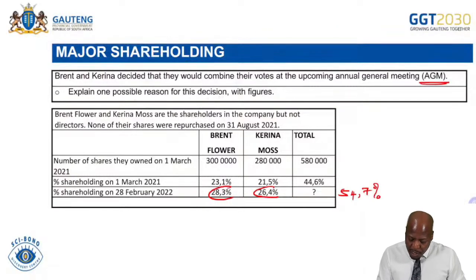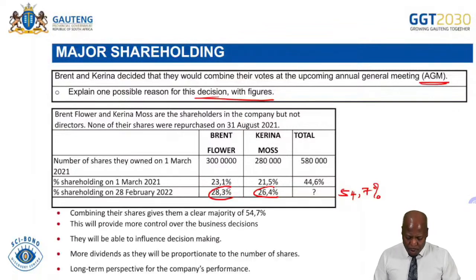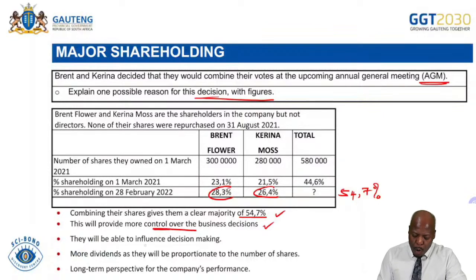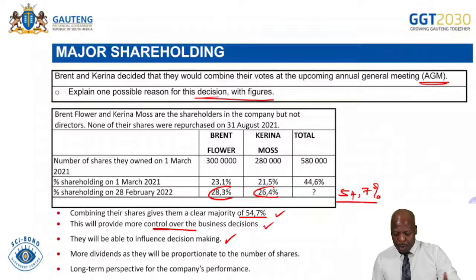Explain one possible reason for this decision with figures. One reason why they would do this: combining their votes gives them a clear majority of 54.7%. This will lead them to have more control over the business decisions, and they will be able to influence decision making because they hold 54.7%. And then more dividends, as they will be proportionate to the number of shares.